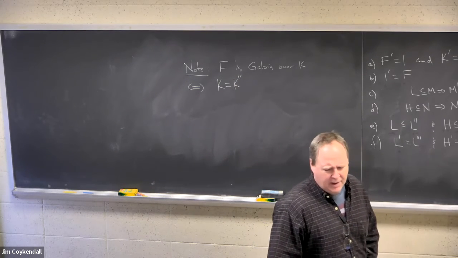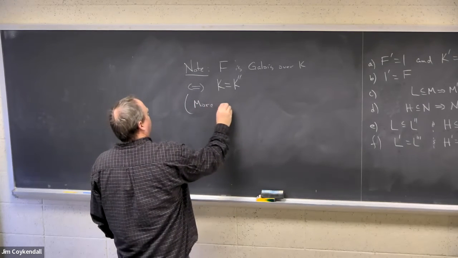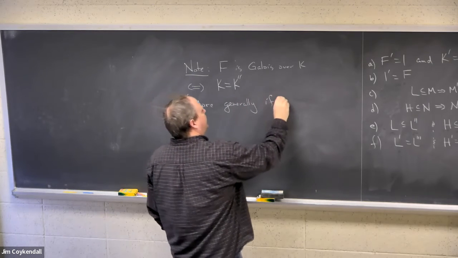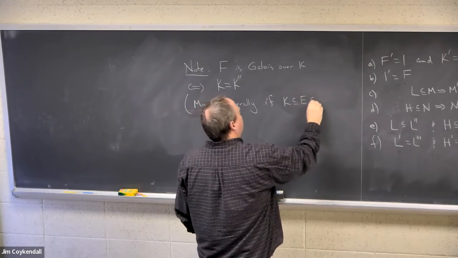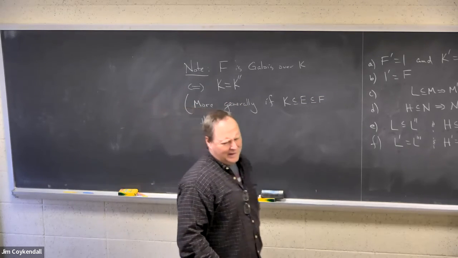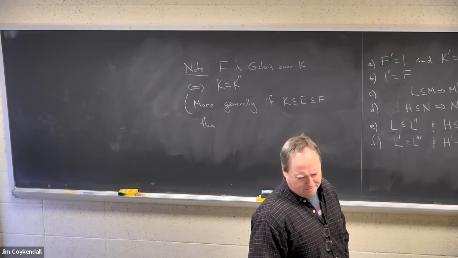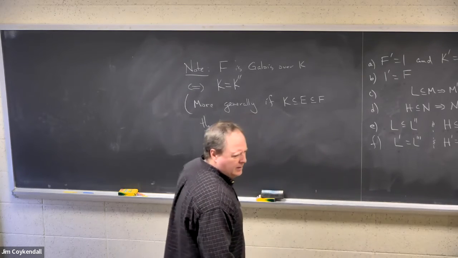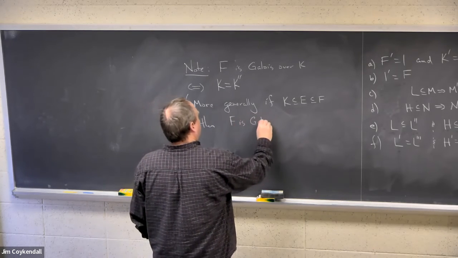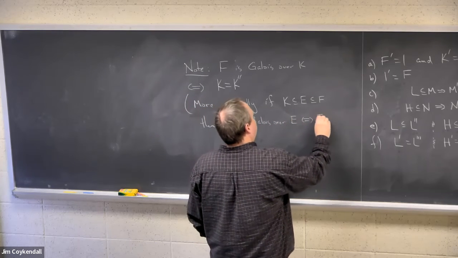And more generally, F is Galois over E if and only if E is equal to its double prime.